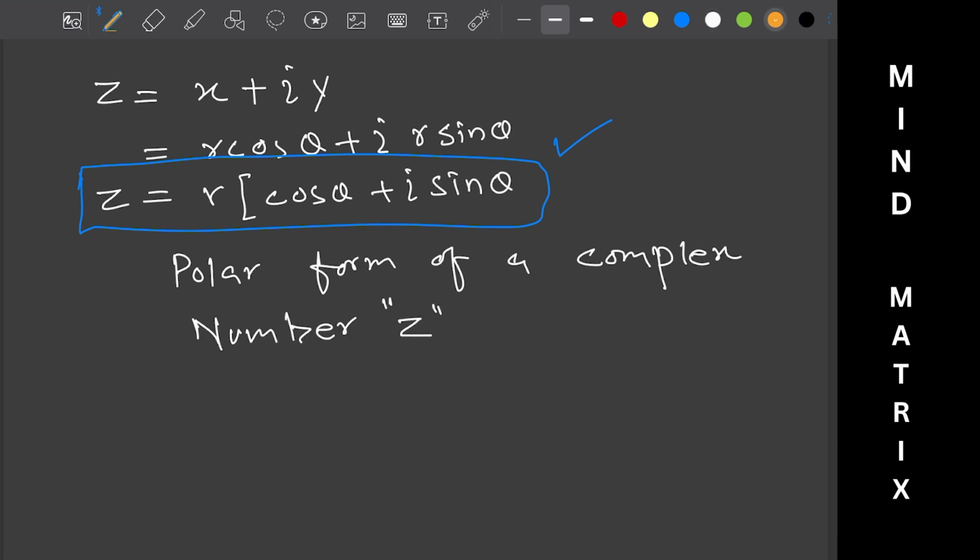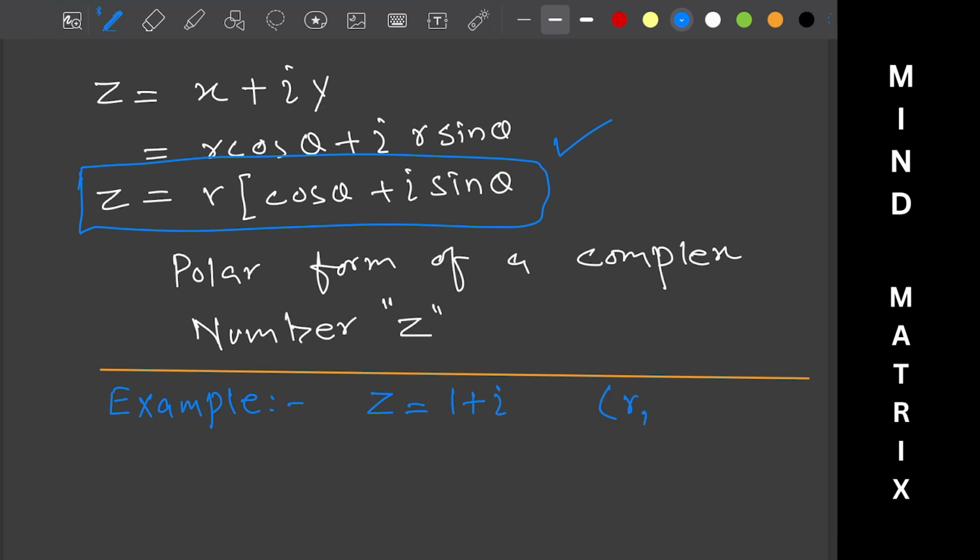Now let's solve an example to get a better understanding of this topic. Let's say we have an example which states: find the polar coordinates of z equals 1 plus iota. We need to find r and theta first for this complex number. So when we are going to find r, what's the formula?